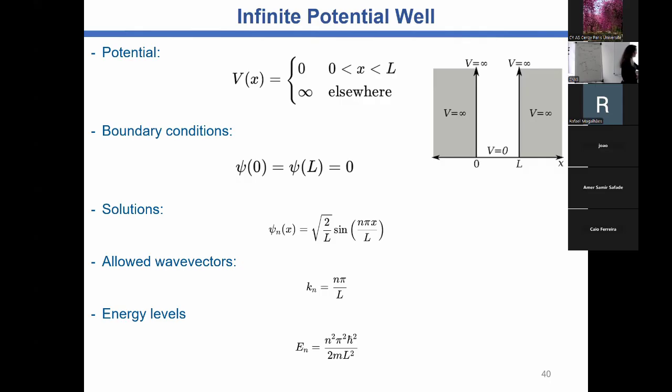That means that we have specific values of energy in terms of the position of the electron inside the box.